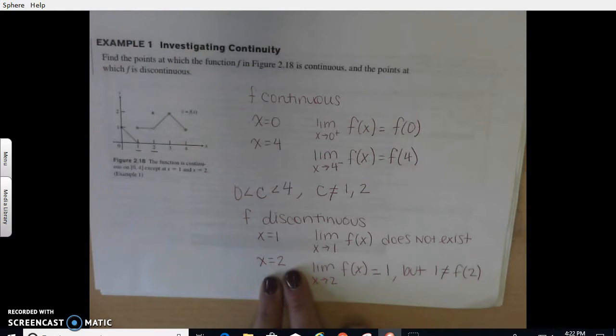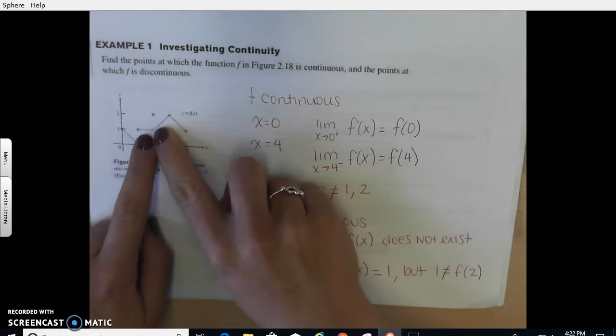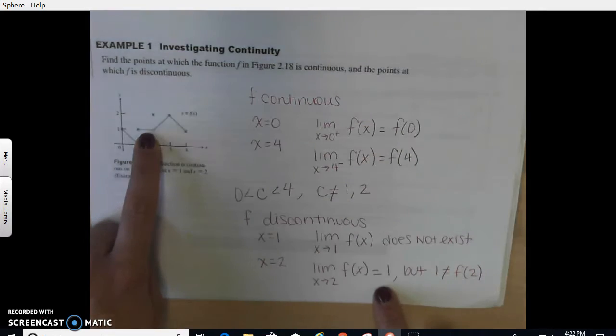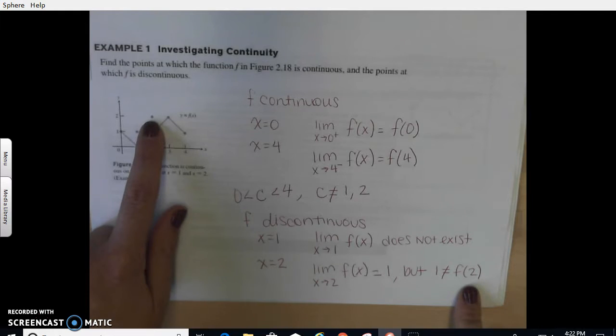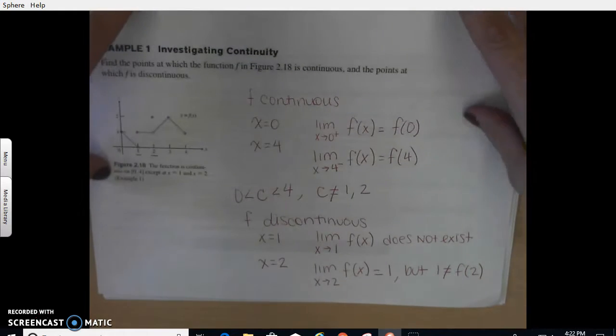And then at x equals 2, we find the limit of f of x as we approach x equals 2. So we have to go from both sides. Although our limit is equal to 1, f of 2 does not equal 1, because f of 2 equals 2, making x equals 2 discontinuous as well.